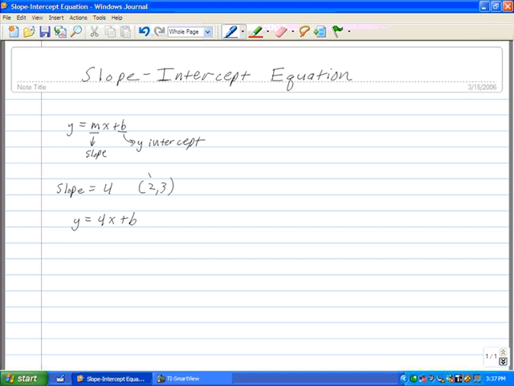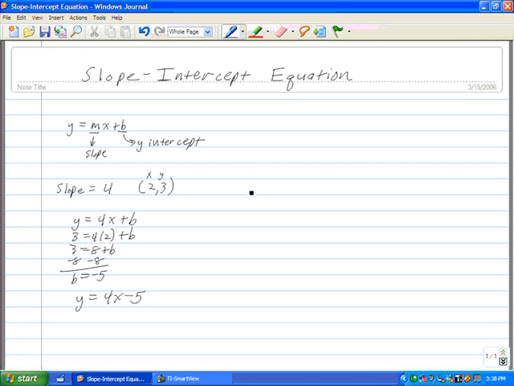So since the point constitutes an x and a y value, I'll simply make those substitutions. 3 equals 4 times 2 plus b. 3 equals 8 plus b. Subtract off the 8, and you'll see b is -5. So that means the equation is y equals 4x minus 5.